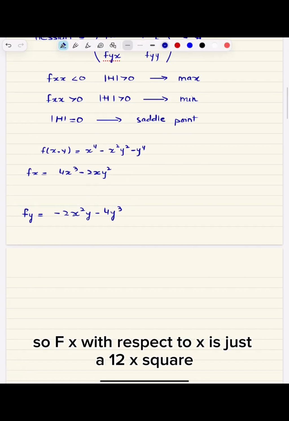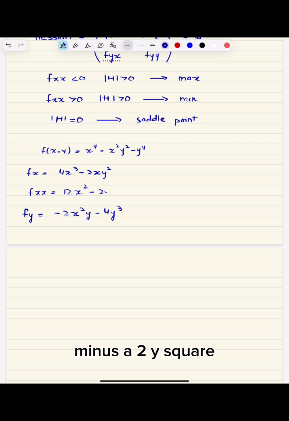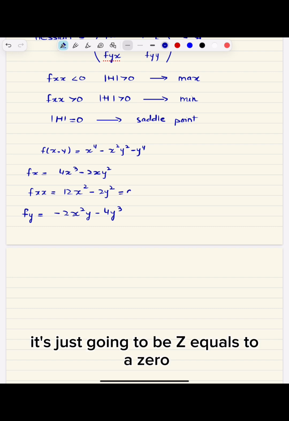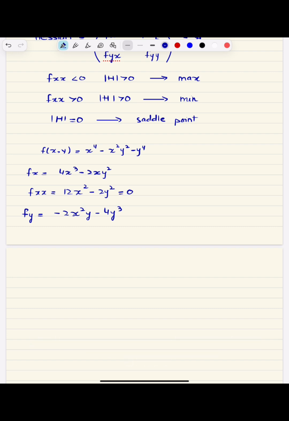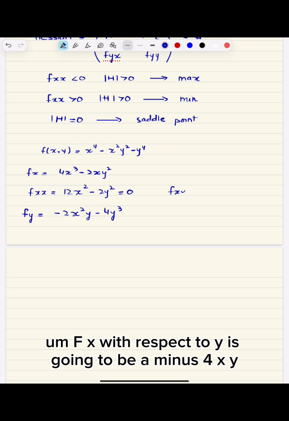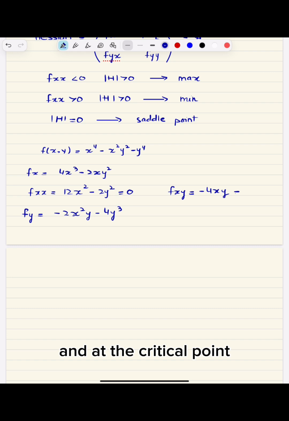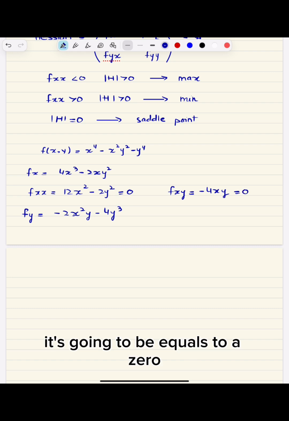So f_xx is just 12x squared minus 2y squared, and therefore at the critical point it's going to be equal to 0. f_xy is going to be minus 4xy, and at the critical point it's going to be equal to 0.